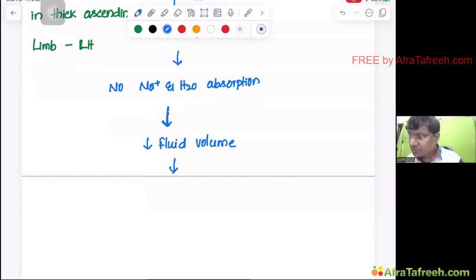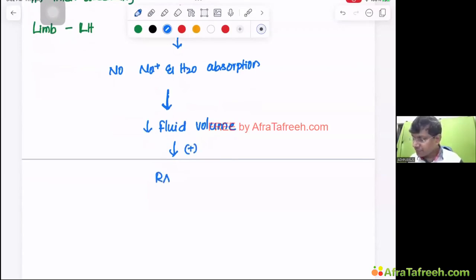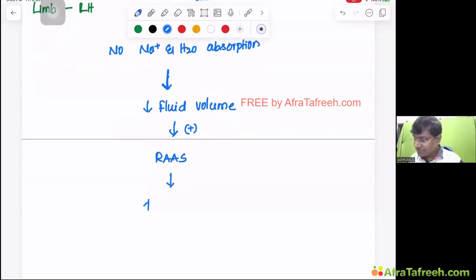Once there is decreased fluid volume, which is nothing but volume contraction, renal perfusion is also reduced, and that will cause activation of the renin-angiotensin aldosterone system. Because of this, there is increased production of aldosterone.